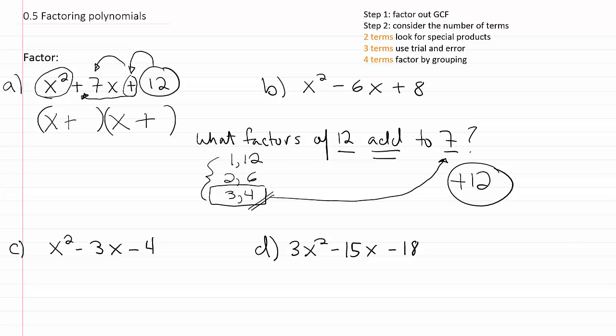What we're saying here is that because that's positive, the two binomials will have to have the same sign. The question is, is it going to be two pluses, or is it going to be two negatives? That's the question we have to answer. But we can figure that out by simply looking at the sign of 7. When you look at 7's sign, it's positive, so it must be two plus signs.